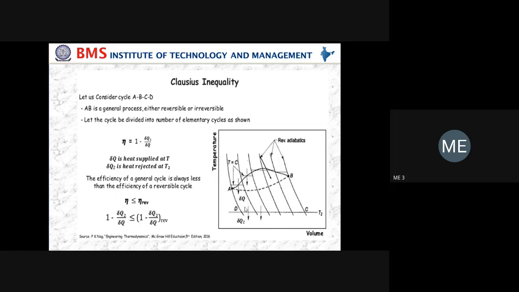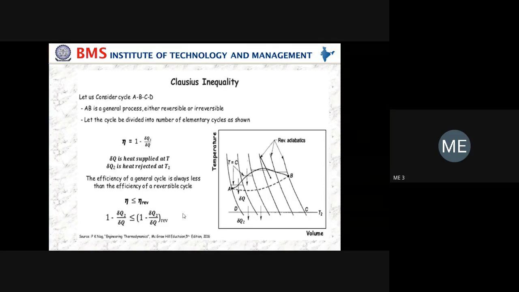According to our formula, efficiency eta equals 1 minus dq2 divided by dq, where dq is the heat supplied at temperature T and dq2 is the heat rejected at temperature T2.